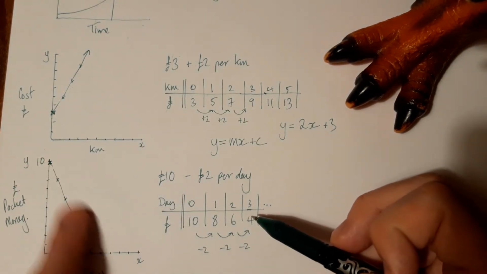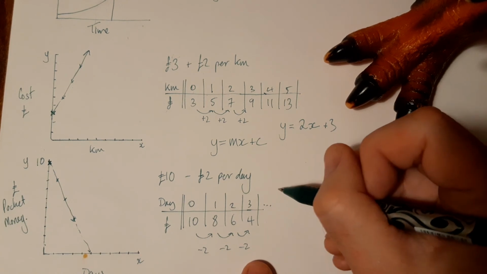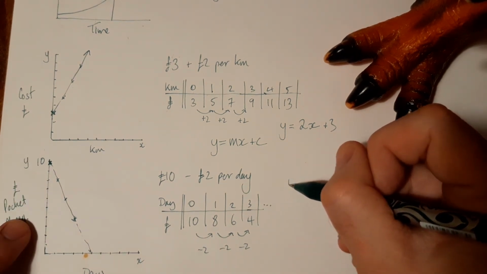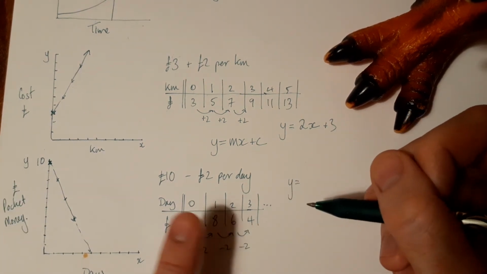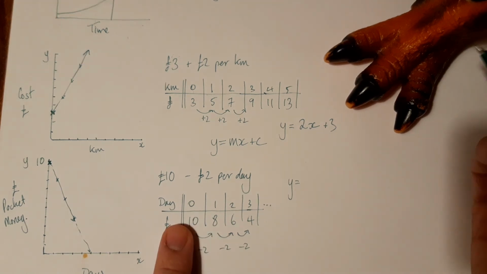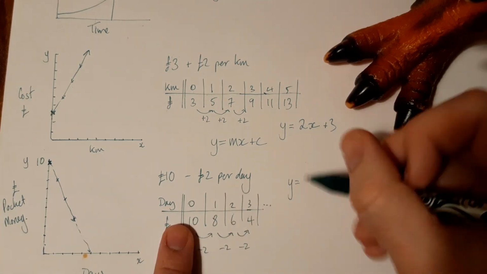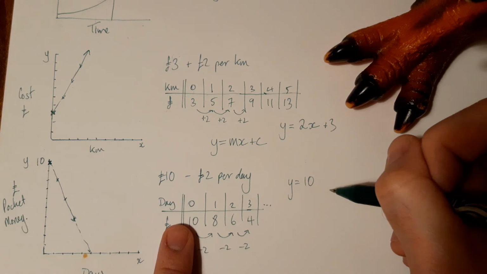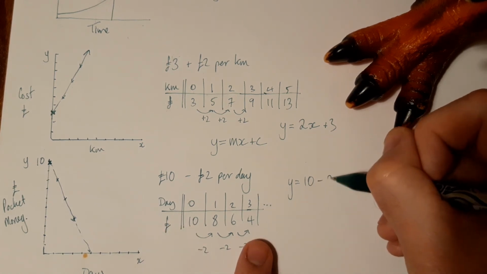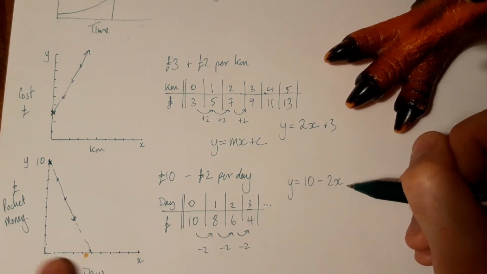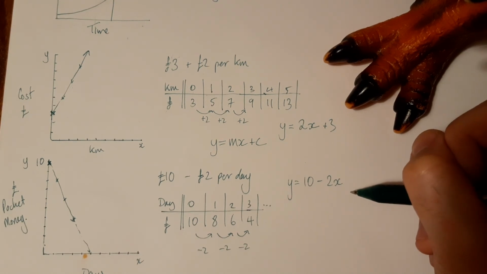Go down to this graph. This is a downward sloping graph. And so we do the same thing. These pocket money Y values are equal to, well, I started with 10 and I took off £2 a day. I could write it one way. I could say I start with 10, and I took off £2 per X per day. That works fine.